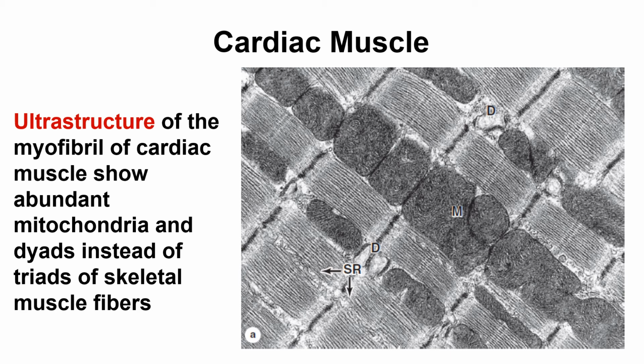The transverse tubule, or T-tubule, system here is less organized, and it is usually associated with the unexpanded terminal cisternae of the sarcoplasmic reticulum. This is referred to as dyads instead of the triads of skeletal muscle fibers, and these dyads are located at the level of the Z lines.